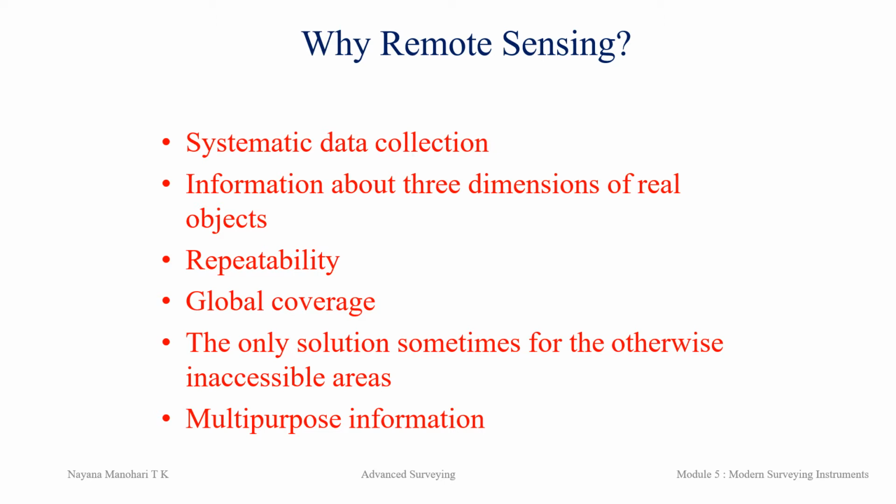Remote sensing is being used to collect information about agriculture, forestry, geography, archaeology, weather and climate, marine environment, hydrology, water resource management and assessment, engineering, etc. You can observe here that systematic data collection can be done, it covers global coverage, and it can also be used for multi-purpose information.